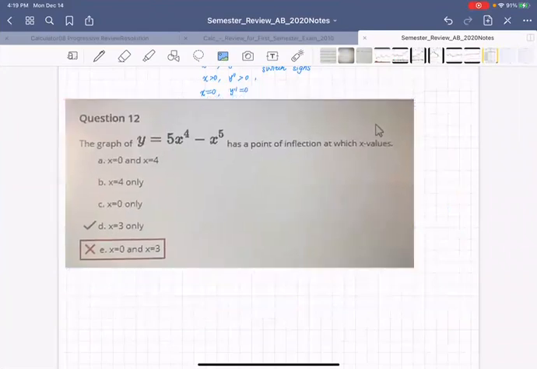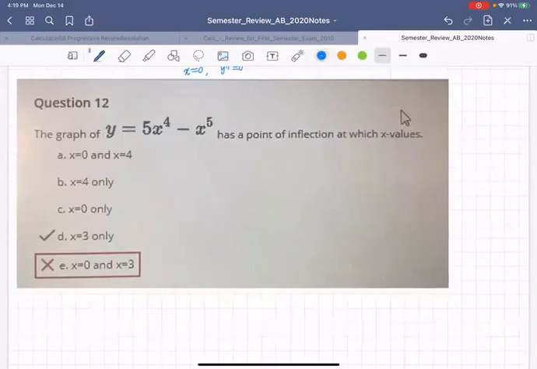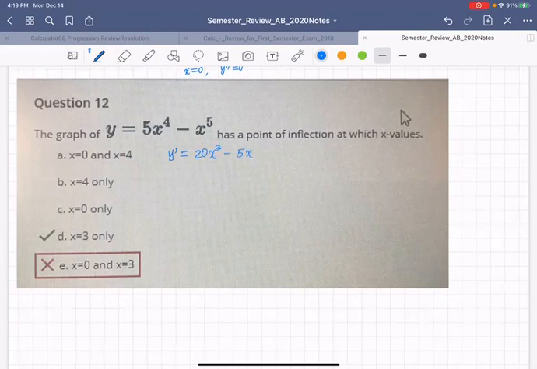Okay. They ask you at which value it has an inflection point. So this is the place we want to check. y prime equals 20x cubed minus 5x to the power 4.